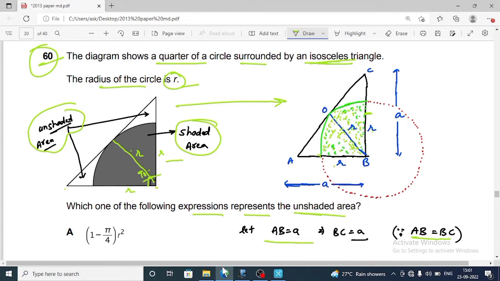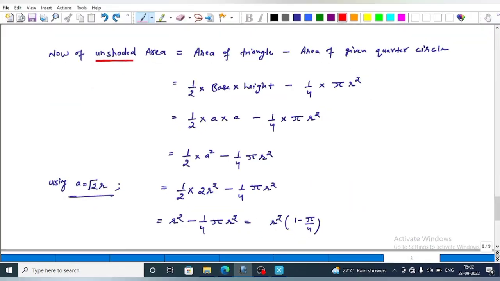This implies that BC is equal to a, because AB is equal to BC, because we are given that the triangle is isosceles. Now come to the area. The unshaded area is equal to the area of the triangle minus the area of the given quarter circle. As we know, the area of a triangle is 1 upon 2 into base into height, minus the area of a quarter circle. As you know, the area of a circle is pi r square. So the area of a quarter circle is 1 upon 4 of the area of the circle.